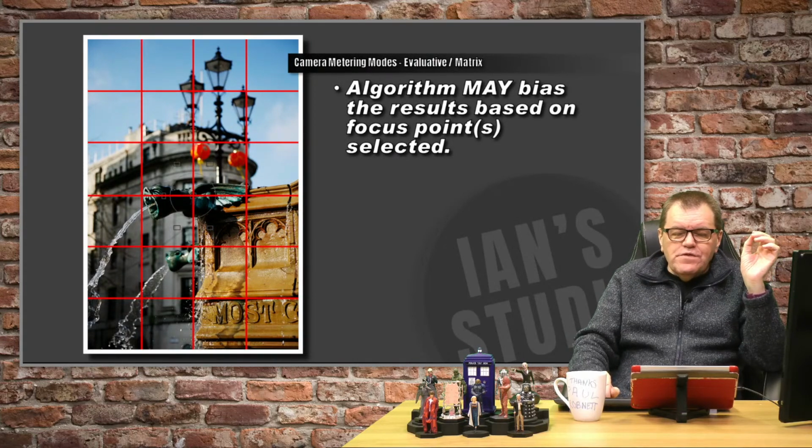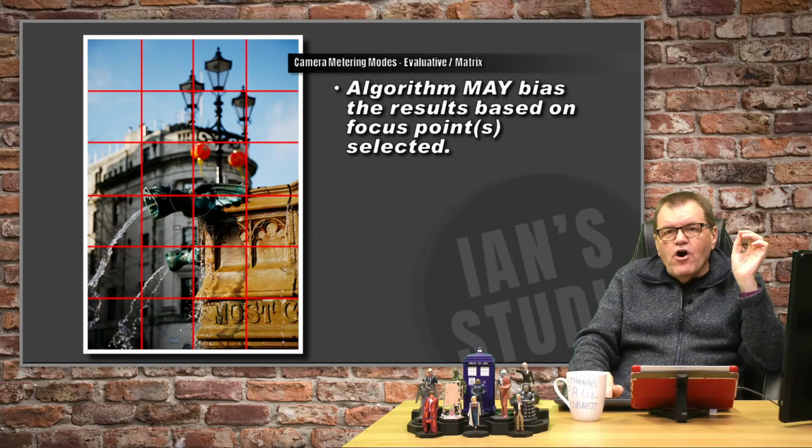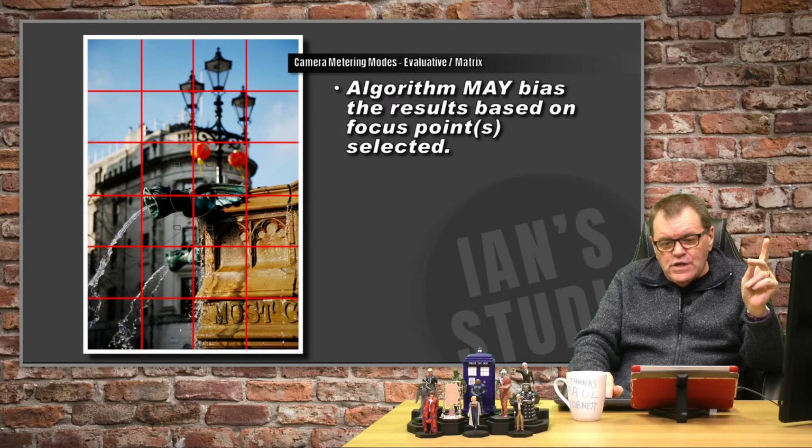Now, something you may or may not be aware of, and that is on some cameras, not all, the algorithm may also take into account where your focus point is at the point it is calculating the exposure.